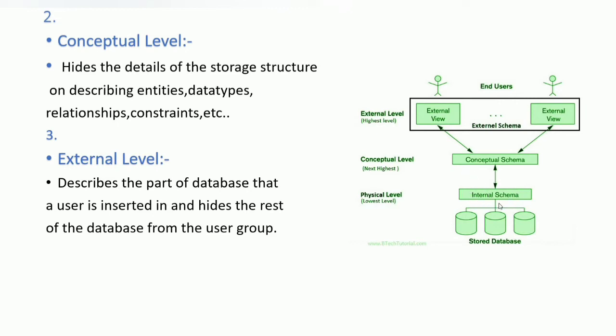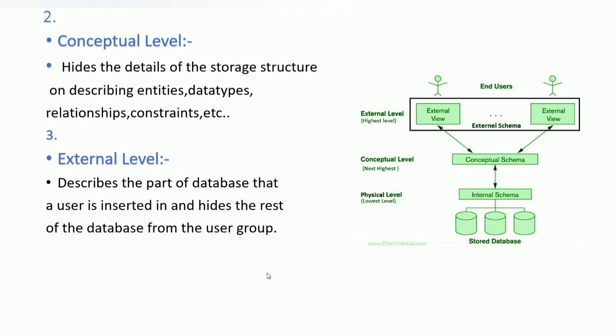The internal schema processes the request and searches for the data in storage. If the data is found, it is sent to the end user or to the external view. This is how data retrieval goes on in the 3-schema architecture.